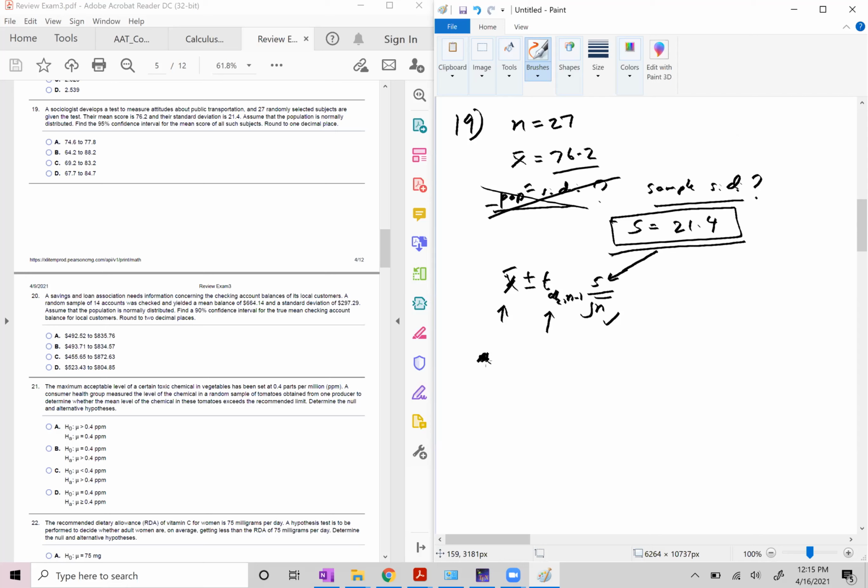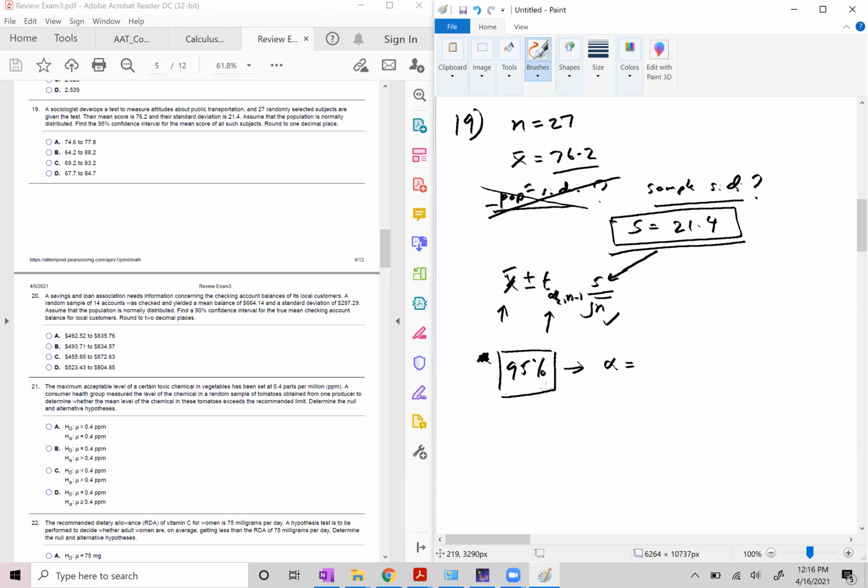What is alpha? To find alpha, we have to look at the confidence level. Find a 95% confidence interval. If you are 95% confident, that means the rest, 5%, we are not sure about. That is the error that we are allowing. This error is alpha.